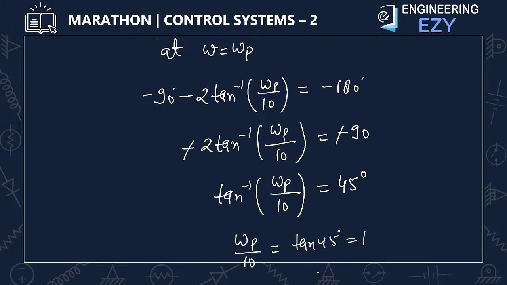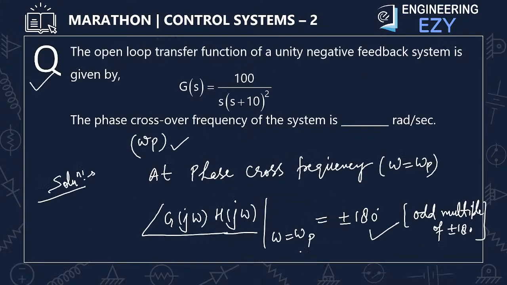And omega p is equal to 10 radian per second. This is the phase crossover frequency. So the correct answer of this question is 10 radian per second. Yes, Prasandeep, your answer is correct, bache. Tarun's answer is also correct.